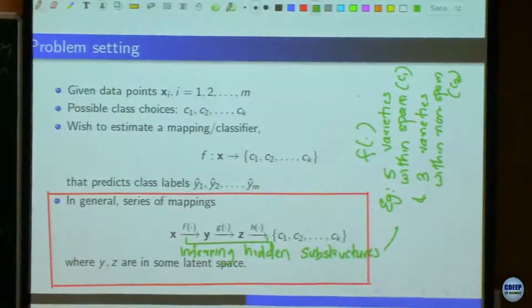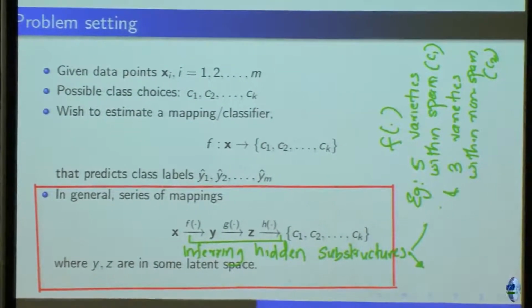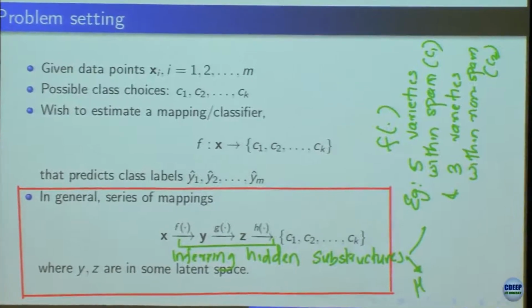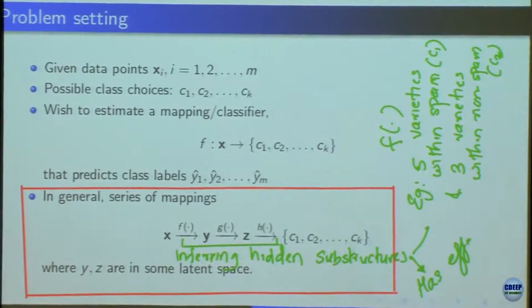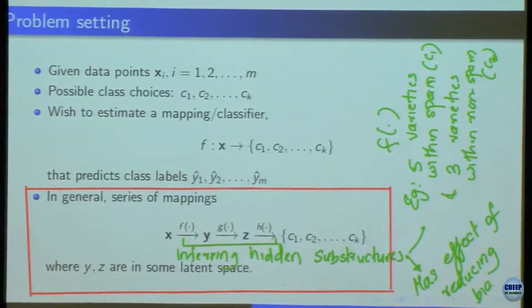Right, so having this series of hidden substructures also has the effect of reducing bias, because you are increasing the search space. You are saying, oh, everything is not one kind of spam. Spam has varieties, and that spam sub variety could also have sub variety, giving more flexibility to the classifier.